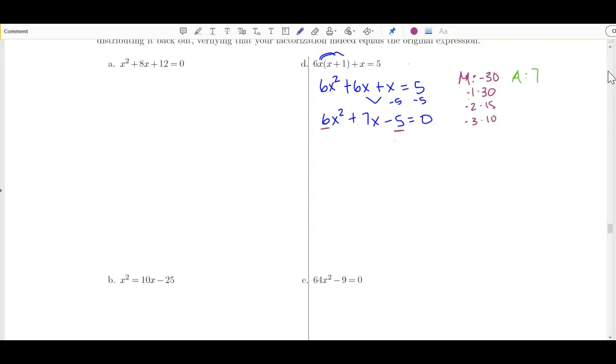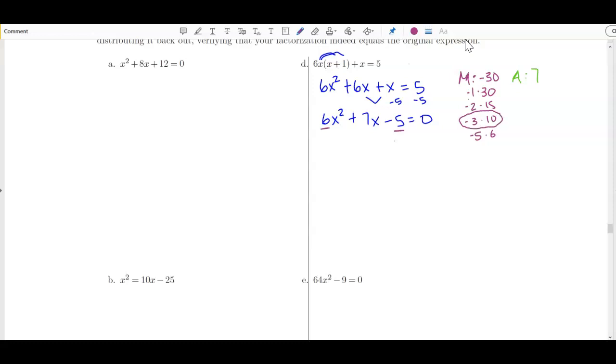And 4 times something, there's not anything. 5 times 6. All right, but remember, one of them has to be negative. It might not necessarily be the one that I made negative. So I'm trying to think, is there any way I could combine these so that they would add to be 7? Well, on this one, it does happen to be this one: negative 3 and positive 10.